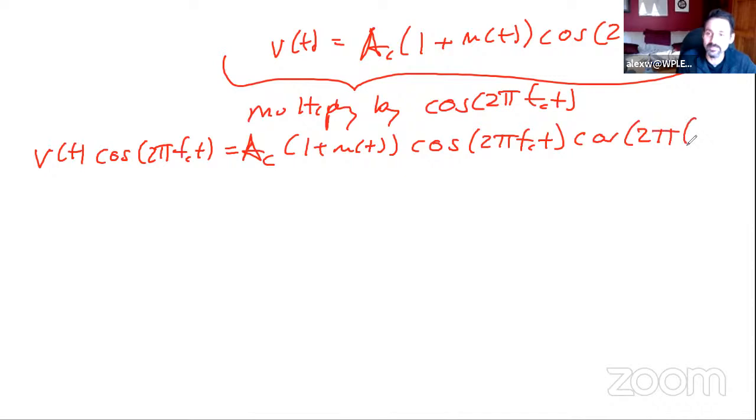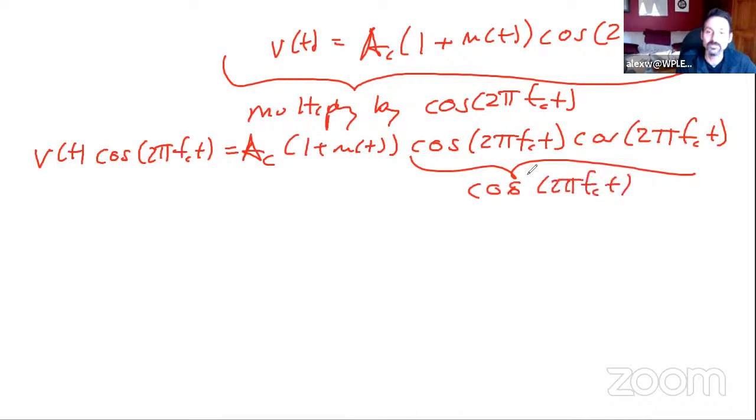Now 2 cosines? Yes, 2 cosines, folks. Why? Because I'm going to do a little trick. Because Wyglinski is always full of tricks. So this is cos squared. Trig identity time. What is that equal to? Half plus half cosine 4 pi fc t. So now we get this thing.